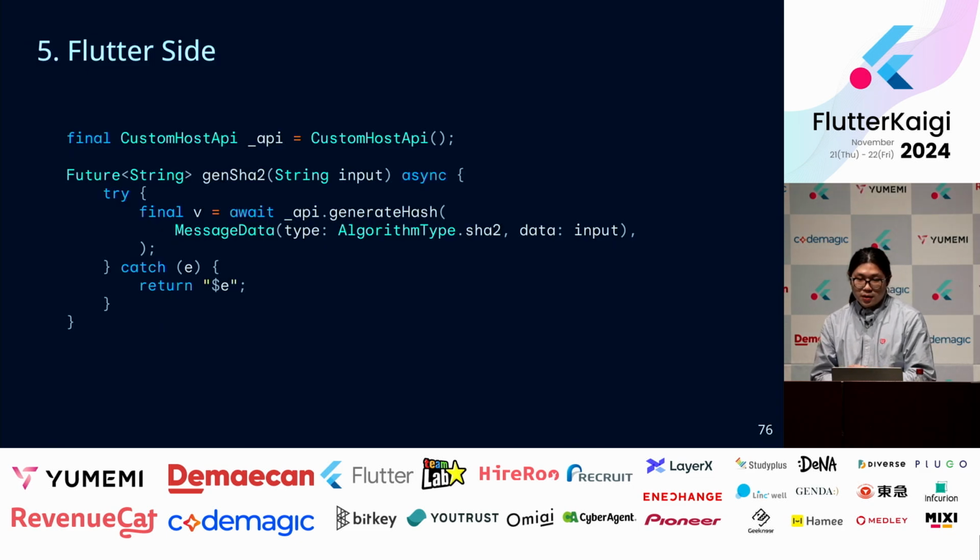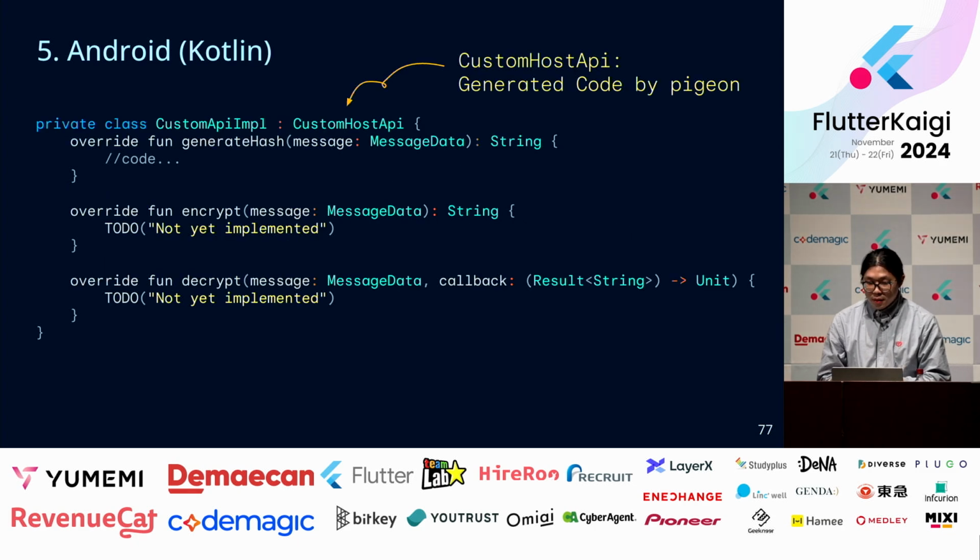Implementing on the Flutter side is simple. As mentioned earlier, all platform communication code needs to be handled asynchronously. You just need to instantiate the API and call the method, and that's it. You don't need to worry about any extra typecasting. And on the native side, you need to implement the methods.